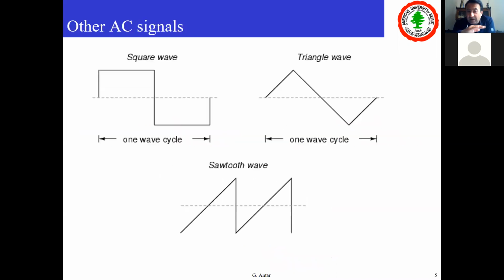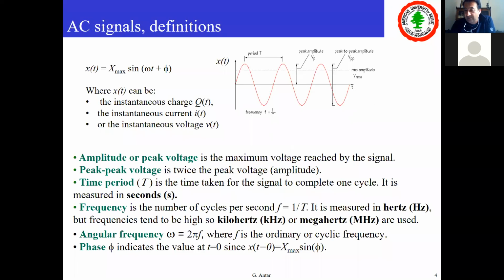AC is when, with this dashed line being 0, at some point the current or the voltage is in one direction and at another point in the other direction. For example, if you take the square wave, the absolute value of the current is exactly the same. What changes is only the direction. Just to give you a really clear idea about what AC signals are. You have triangular waves, sawtooth waves, and of course, sine waves.